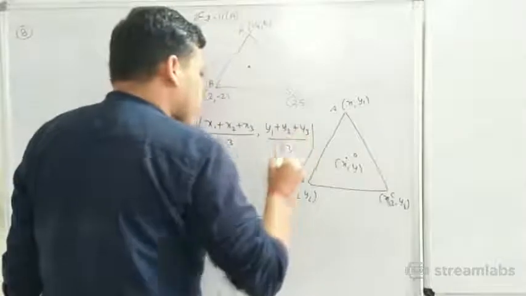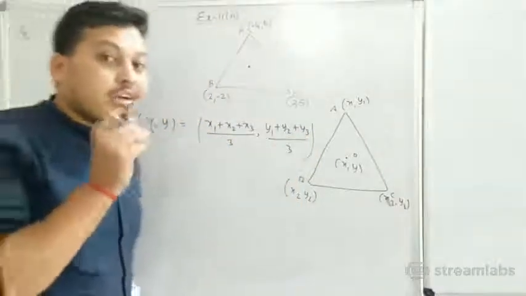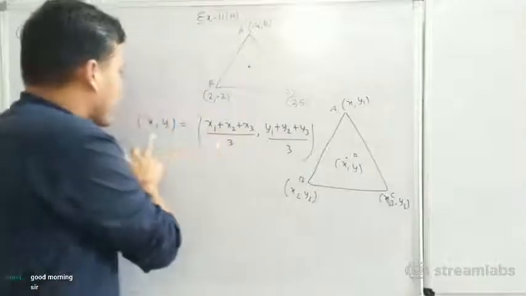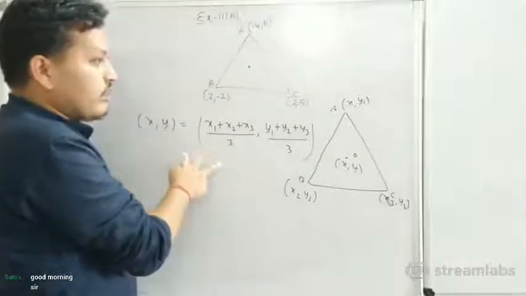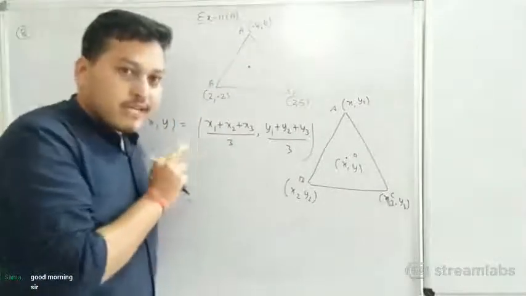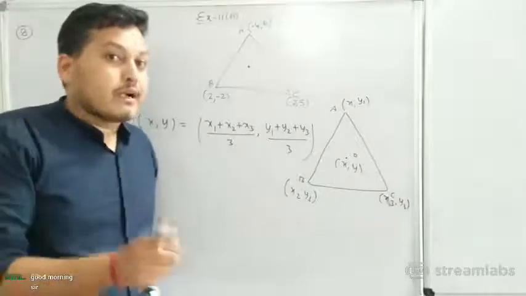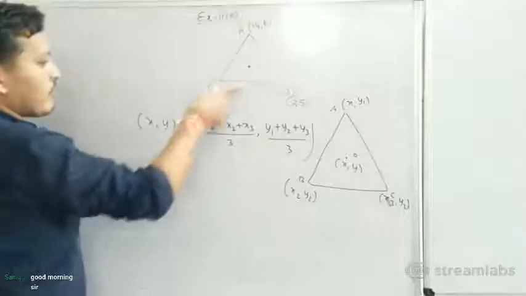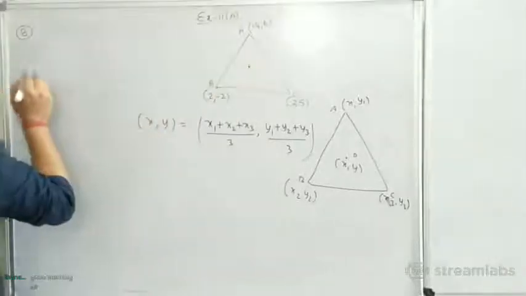Whenever you are asked to find the coordinate of the centroid of the triangle, the formula is very easy. By using this formula we can calculate the answer of this question.